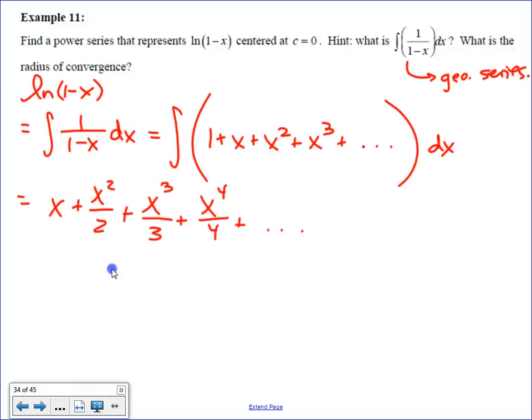So integrate, integrate, integrate, piece by piece, and I end up with the one we found in example 10. So now what? Do we have a geometric series?